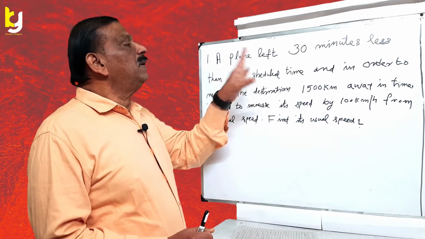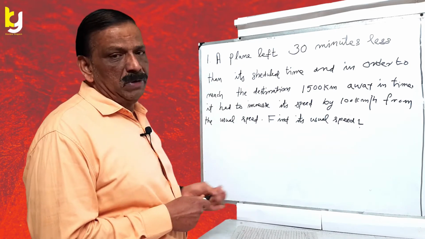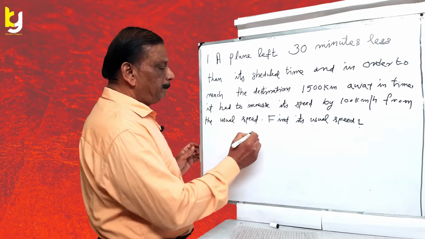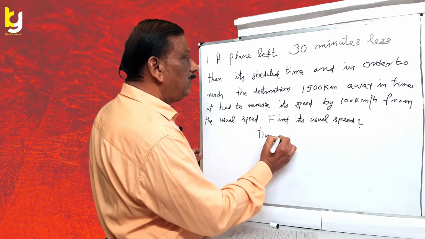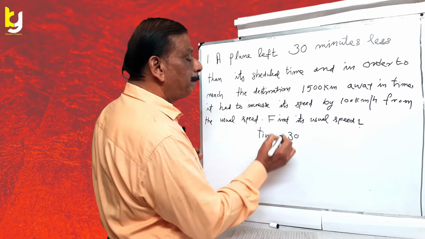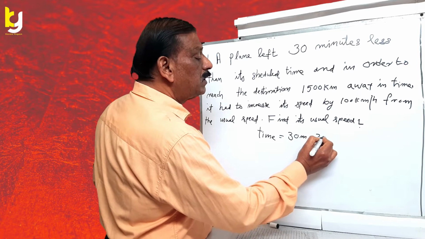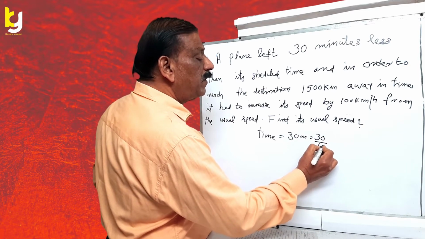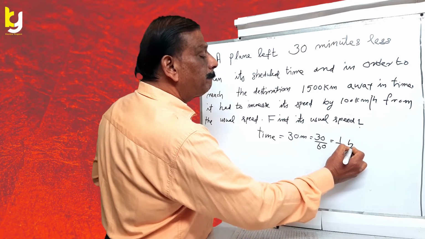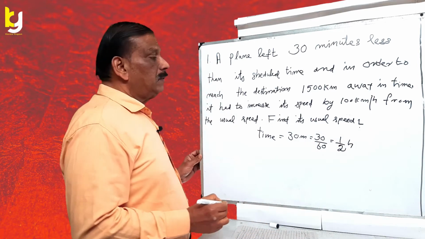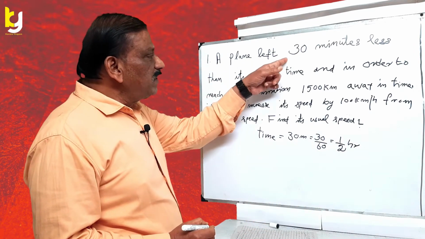See, a plane left 30 minutes less than. So time is given, that is time equal to 30 minutes, equal to 30 by 60, that is equal to 1 by 2 hour. Then first thing is time.